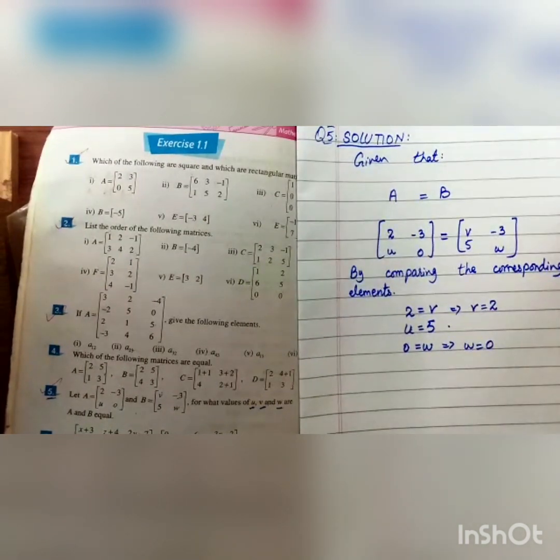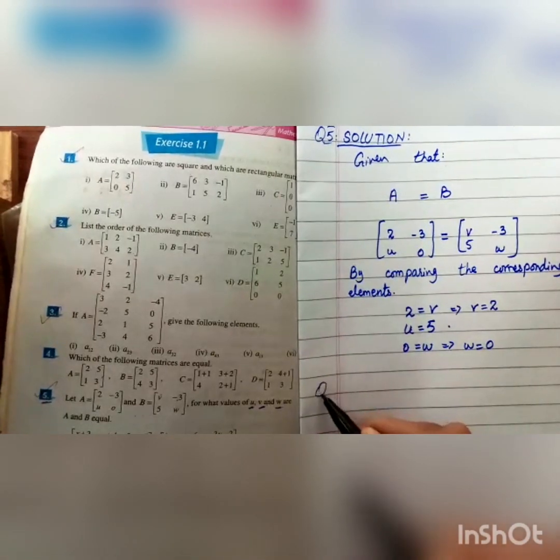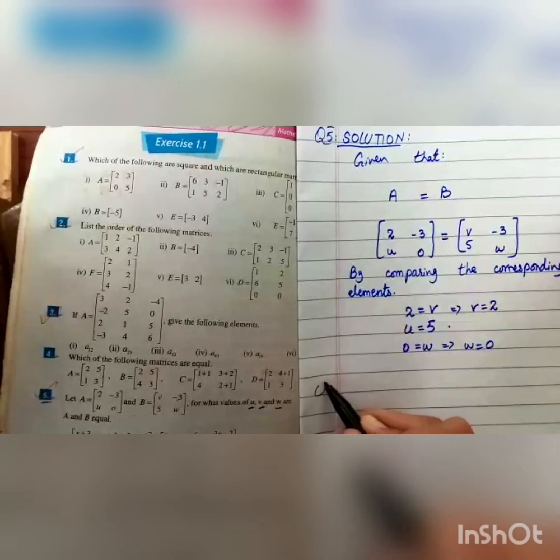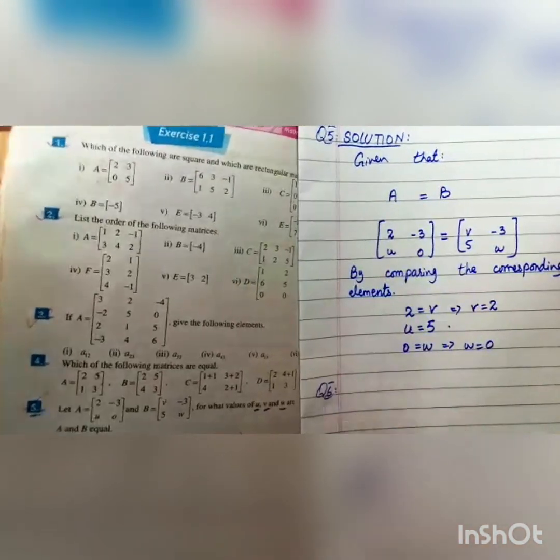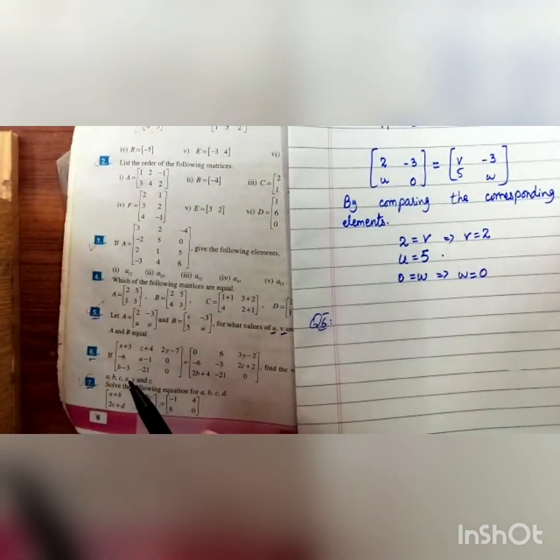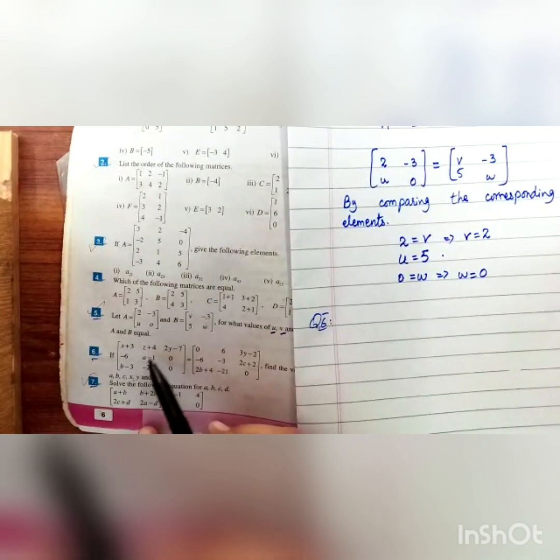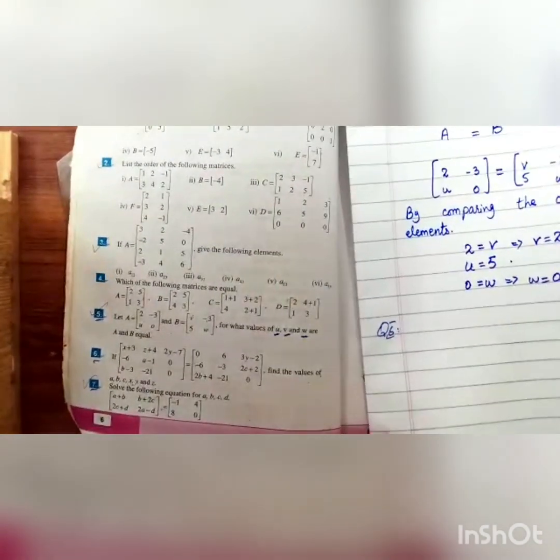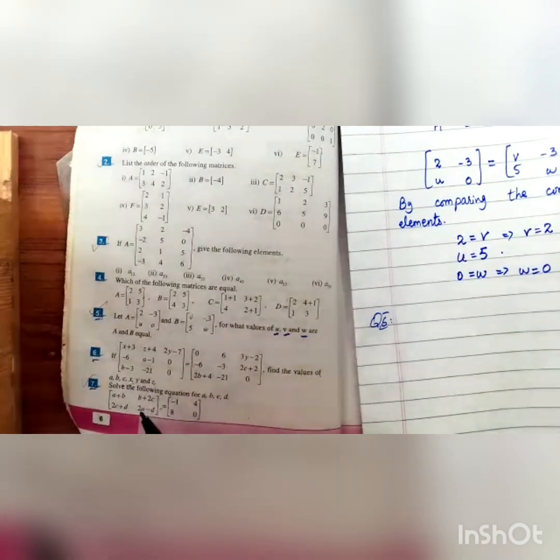Now we will start the next question, that is question number 6. Let's have a look at it. If the first matrix is equal to the second matrix, then find the values of a, b, c, x, y and z.